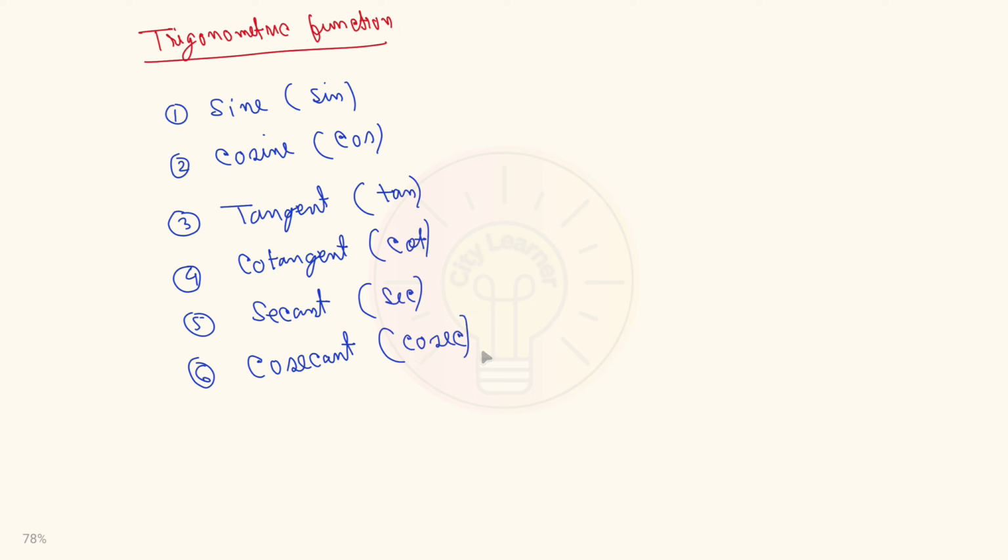These are the basic trigonometric functions. From these we can find out the relationship between the angle and sides of a right angle triangle.